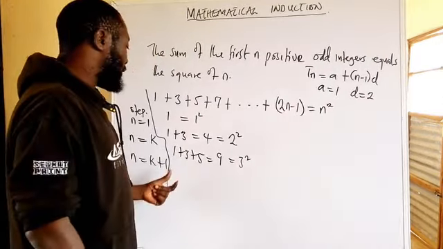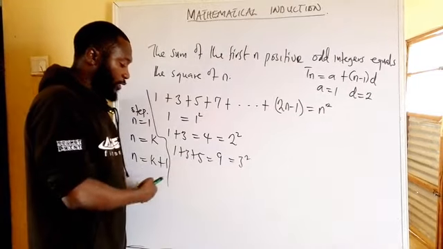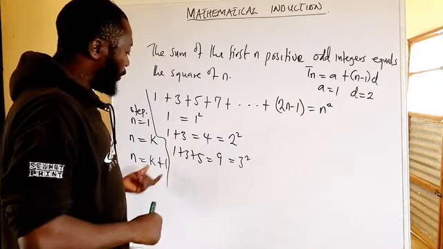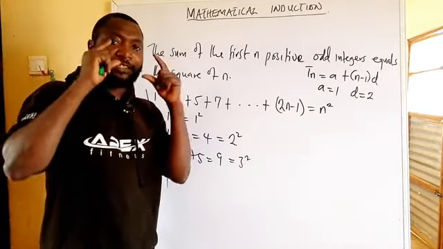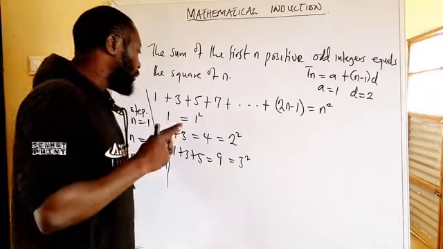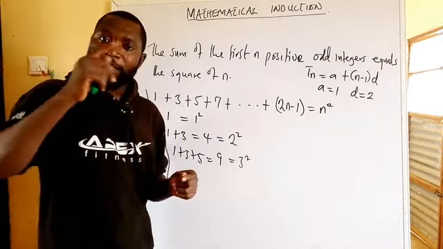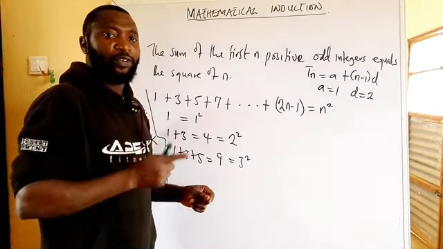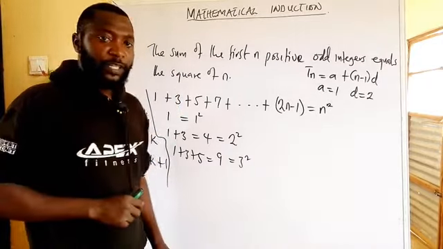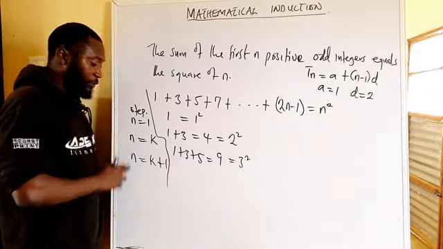So what we need to use is the method of mathematical induction, because according to it, once you test once and the proposition is true, the belief is that the proposition is always true. But how do we show that the proposition is always true? By employing these 3 steps.